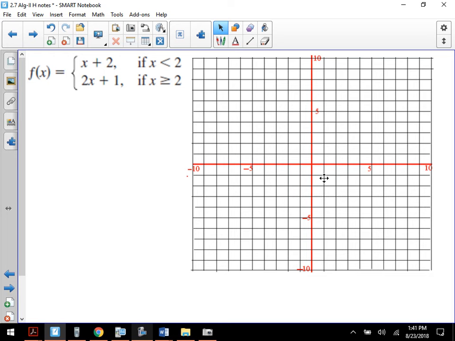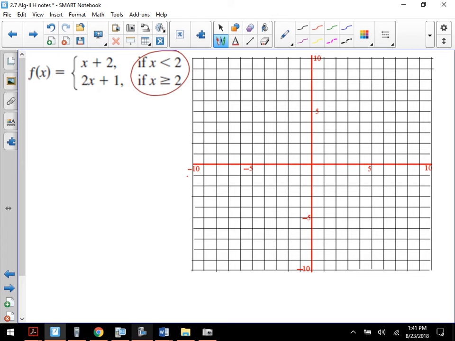What I mean by that is, where's something funky going to happen? 2. If you look at it, it's telling you use this graph when x is smaller than 2, use this graph when x is bigger or equal to 2, which means something weird is going to happen around the number 2 for the domain.